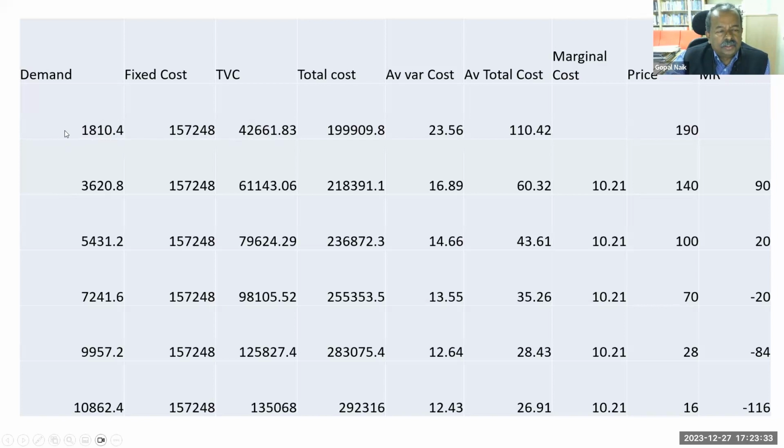Similarly, this is for 10 LPCD, this is for 20 LPCD, 30 LPCD, 40 LPCD. This is 55 LPCD because that's what our benchmark is. And this is 60 LPCD. So for these different LPCDs, what is the total demand? That means how much needs to be supplied by the VWSC.